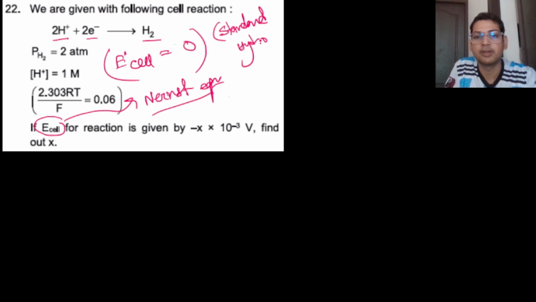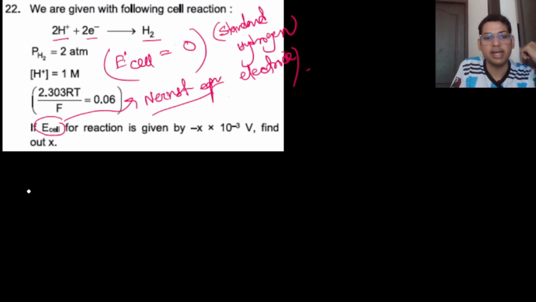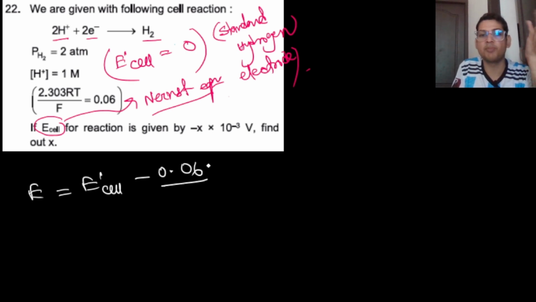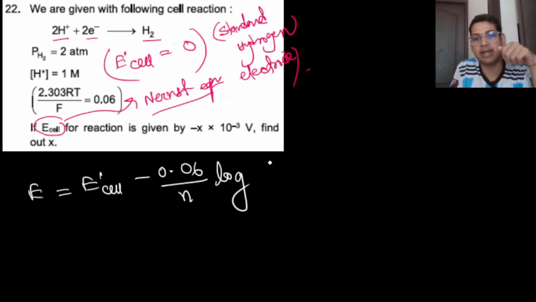Okay, sir, calculate E according to Nernst equation: E equal to E naught cell minus 0.059, I am writing 0.06 by n log, we can say product by reactant.